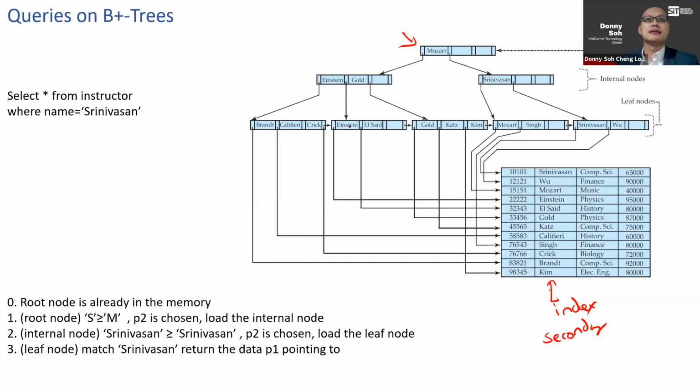The root node is already in memory, so it will search through the root node and find that this is the pointer it should be looking at. So it will load this internal node. In this scenario, this internal node points to this record over here, and it finds that this record is greater than or equal to my search key.